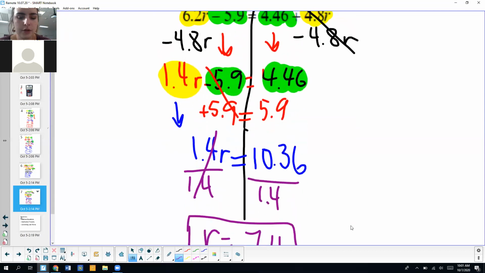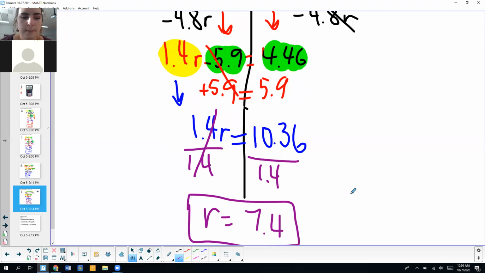All right, any questions about this one? No questions. All right, so today we kind of looked at what a rational equation is. So it's just the equation solving that we've been practicing for weeks.